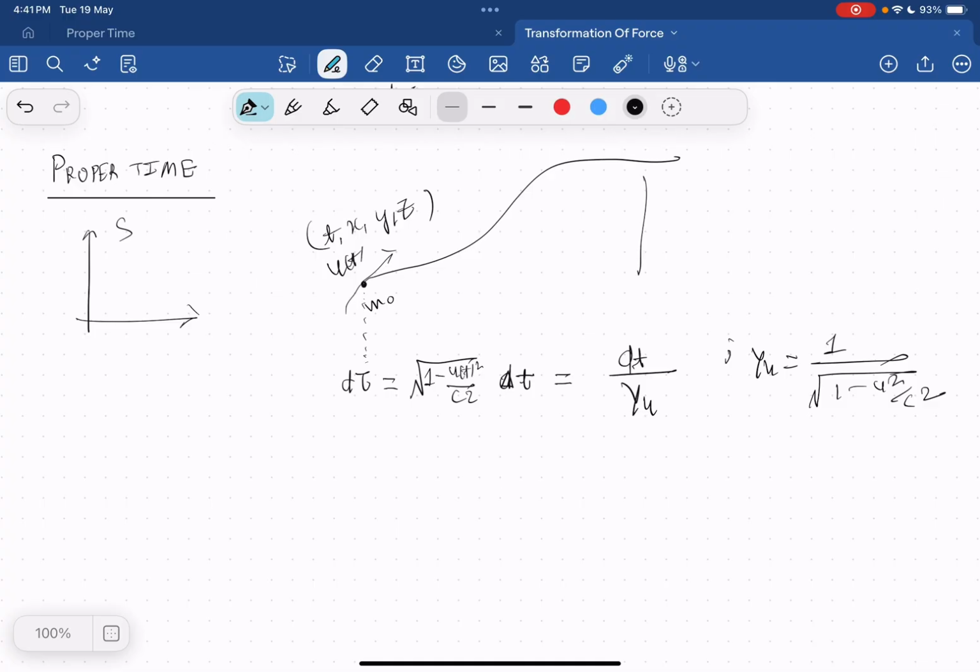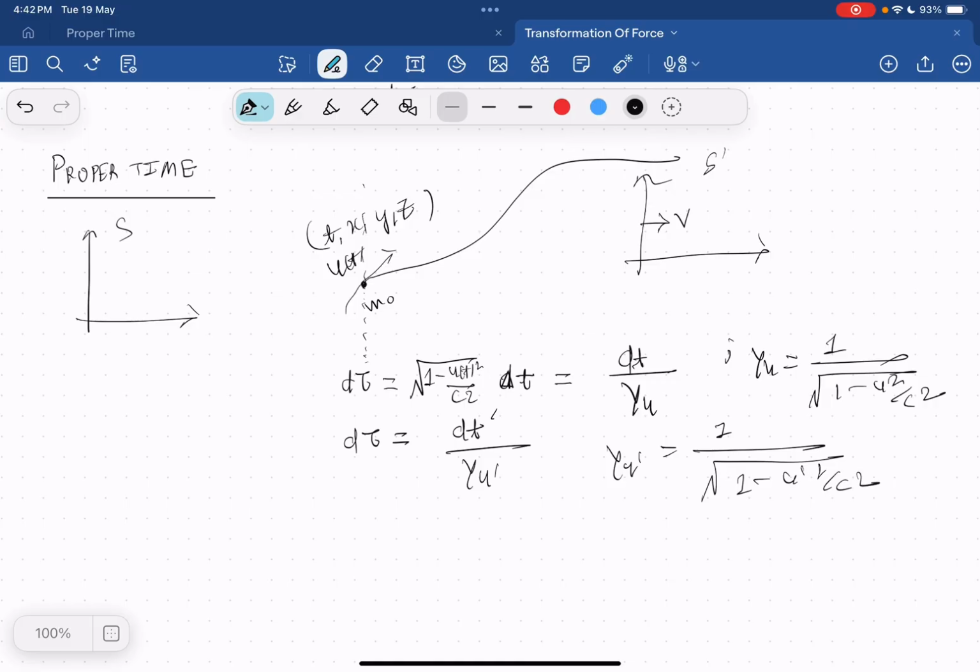We could have some other frame S prime moving with this relative velocity v, and in that frame we could write the same proper time at the same event as dt prime by gamma u dash, where now gamma u dash is 1 by under root 1 minus u dash square by c square, where u dash is the speed of the particle with respect to this S dash frame, right?